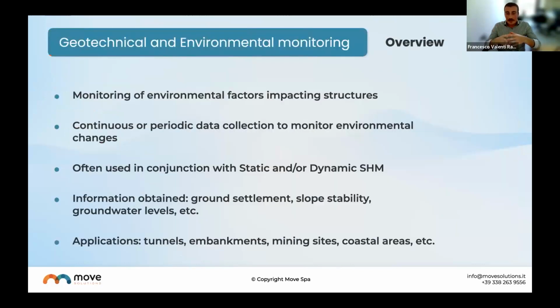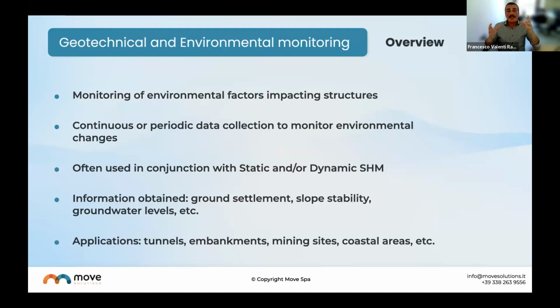Then we can conclude by talking about geotechnical and environmental monitoring. By geotechnical and environmental monitoring, we refer to the process of monitoring and measuring environmental factors that can impact the stability of a structure or of a site, such as soil movement, groundwater levels, and changes in the soil's chemical composition.